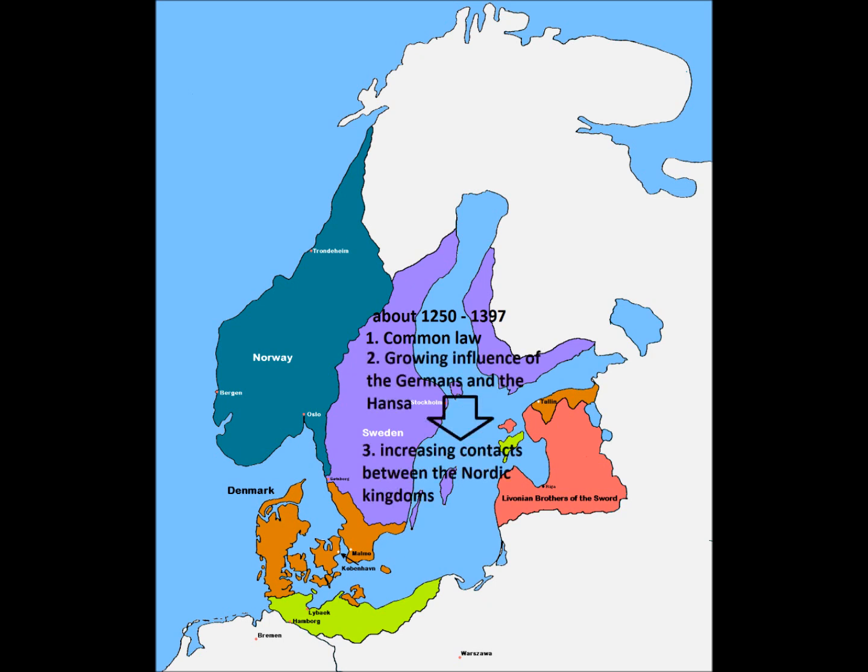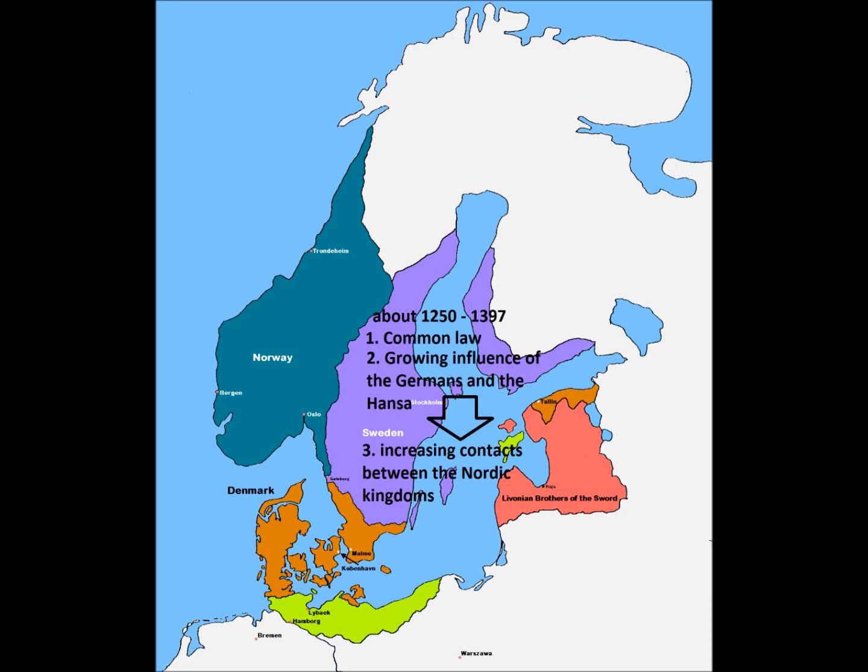As I said, Sweden is a Baltic country, so the trade in the Baltic increased here. So Sweden also had a lot of income coming out of the trade, which helped the kingdom.